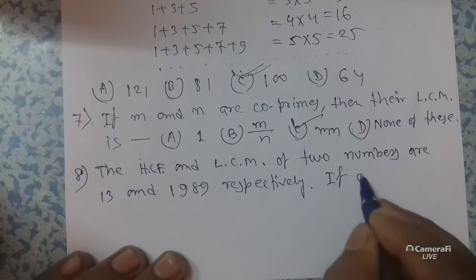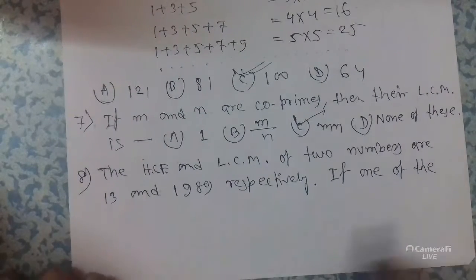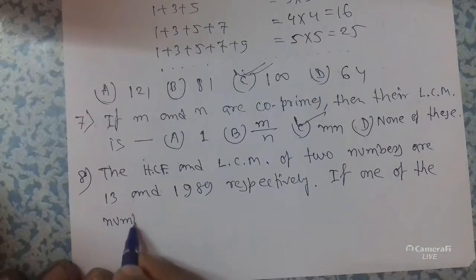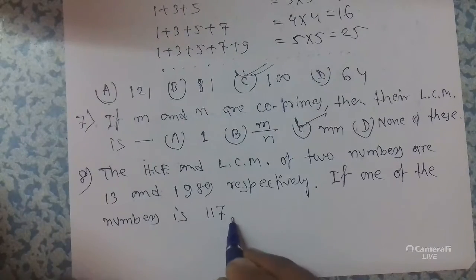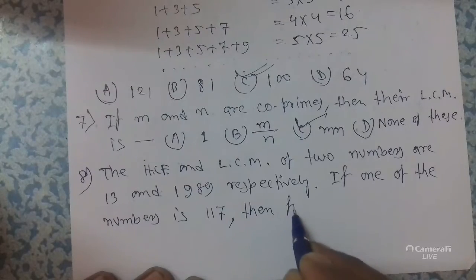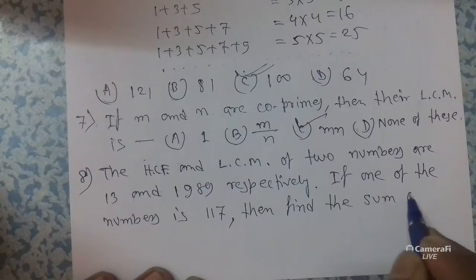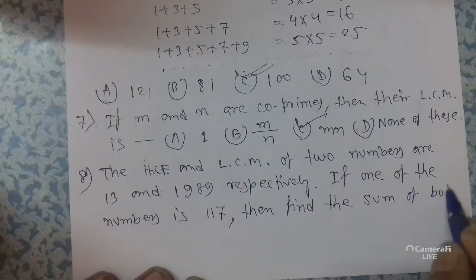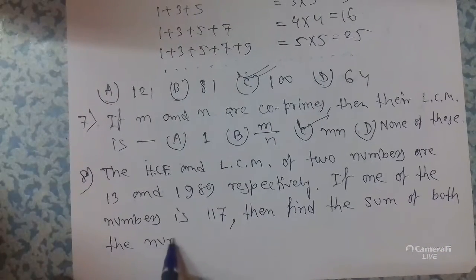If one of the numbers is 117, then find the sum of both the numbers.